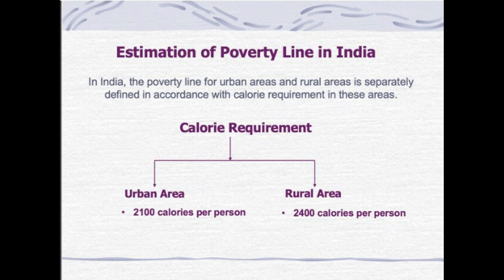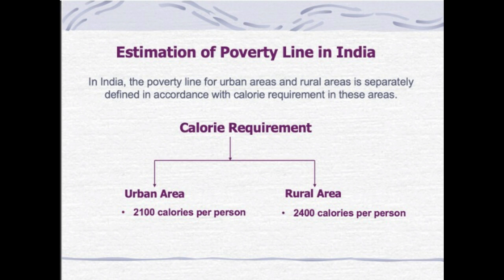Now we will see how the estimation of the poverty line is done in India. In India, the poverty line for urban areas and rural areas is separately defined in accordance with the calorie requirement in these areas. Like for urban areas, it is 2100 calories per person, and for rural areas, it is 2400 calories per person.